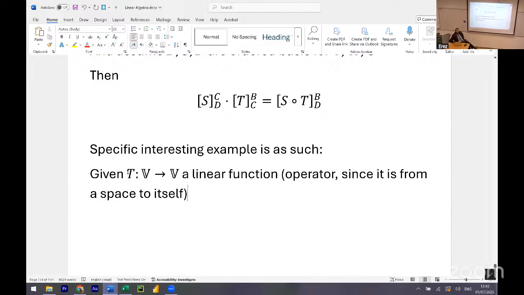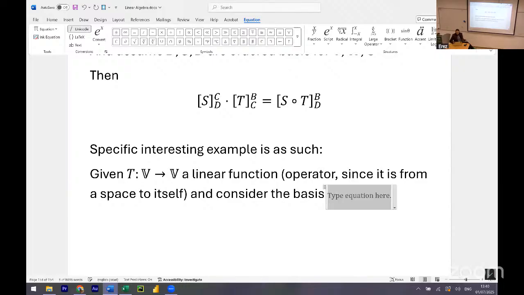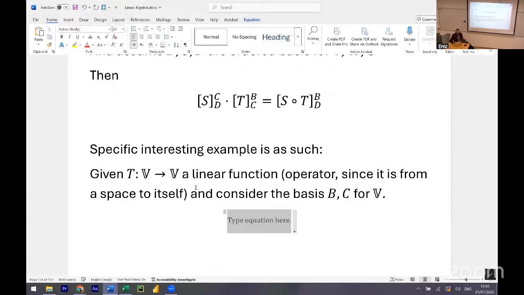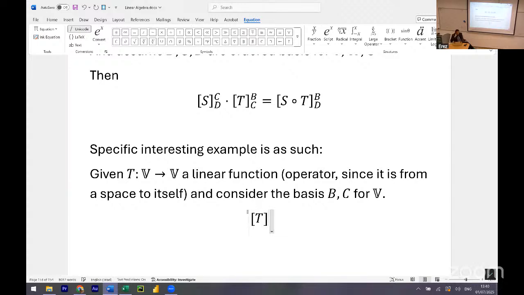So if I have an operator, meaning a linear function from a space to itself, consider the bases B and C for V. Suppose that I have the representing matrix from B to B, and I want the representing matrix from C to C. So this is not true yet.